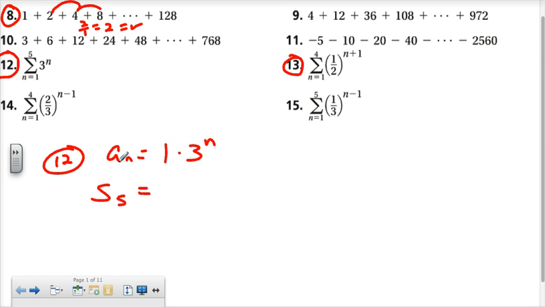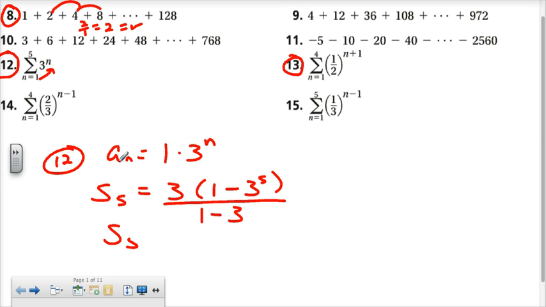The first term, we're going to get that by putting a 1 into the formula. So 3 to the first power is going to be 3. And our r value is 3. And again, n is 5. And then on the bottom, we need 1 minus r. So this will give us 3 divided by negative 2. So negative 3 halves times 1 minus 3 to the 5th.